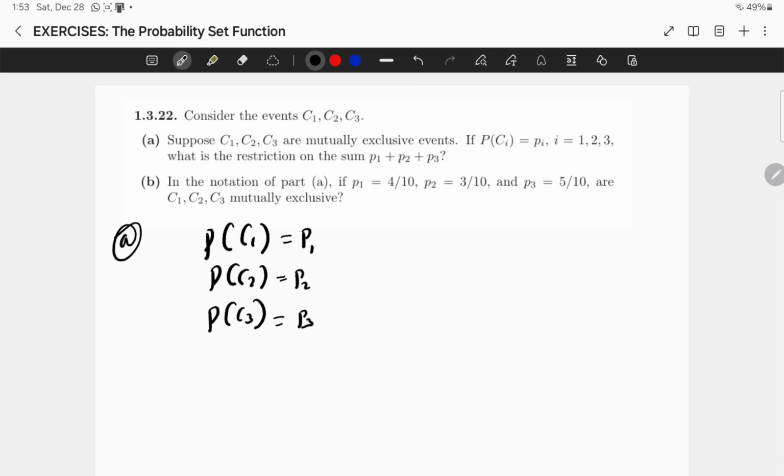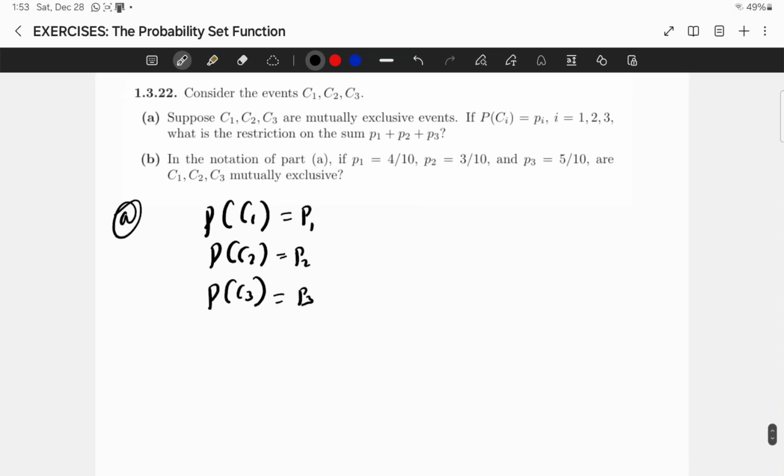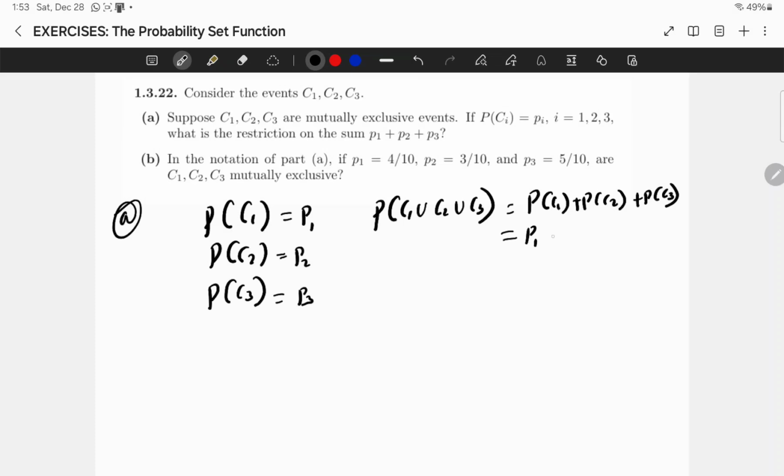Okay, so if you take their union, the probability of C1 union C2 union C3, since they are mutually disjoint, will be equal to the probability of C1 plus C2 plus C3, and this is P1 plus P2 plus P3, and this should be less than or equal to 1.